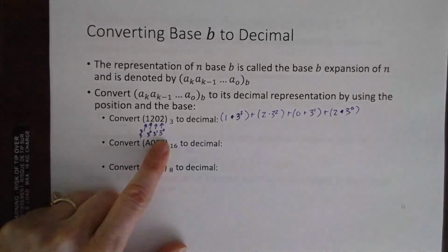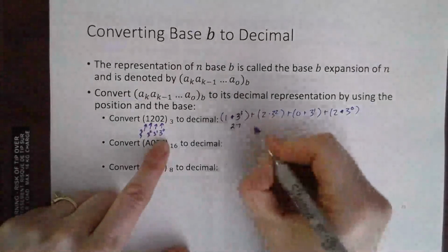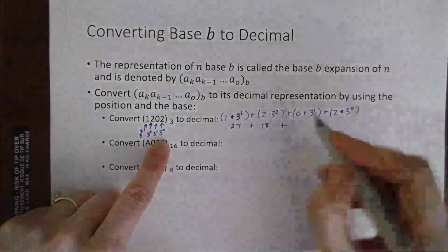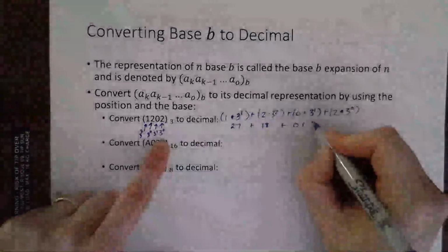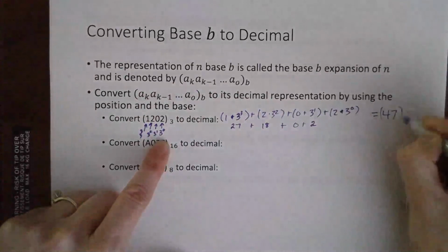Now if we do all of that in base 10, we figure out the equivalent base 10 number. This is 27, this is 18, that's 0, and then this is 2. So that's 47 in base 10.